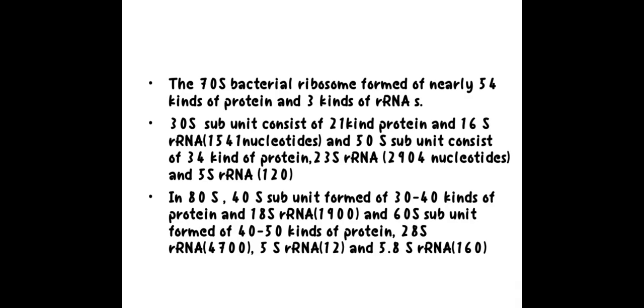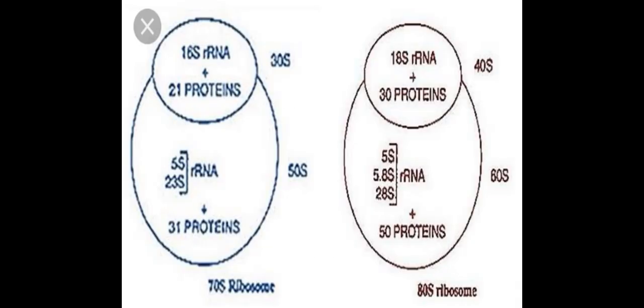In 80S, the 40S subunit is formed of 30 to 40 kinds of protein and 18S rRNA. 18S rRNA, 21 proteins, 30S. Then 31 proteins, 50S, 70S ribosome. 18S rRNA, 13 proteins, 30 proteins.